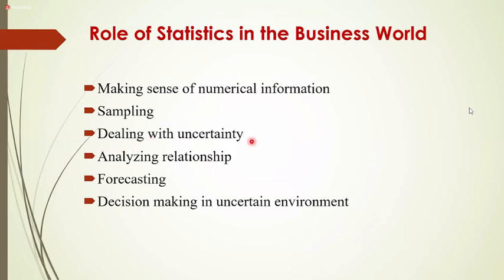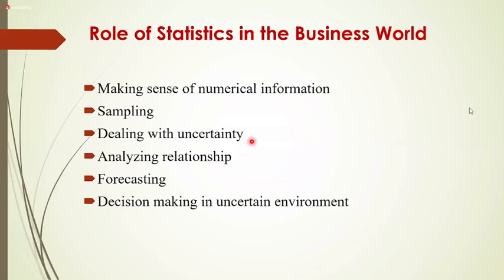Then dealing with uncertainty, right? Almost all our business decisions involve predicting our business activities in the future, and we don't know what will happen. If some strike occurs for a long period, we can't say what will be our business, right? Looking at the pandemic, here also we couldn't say what will happen to our business.